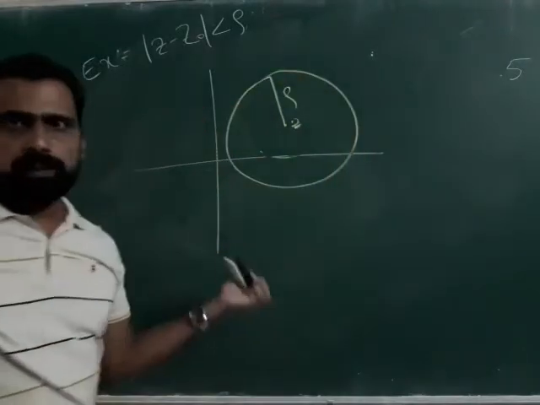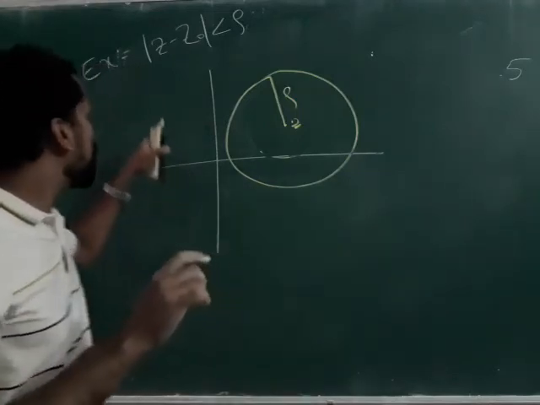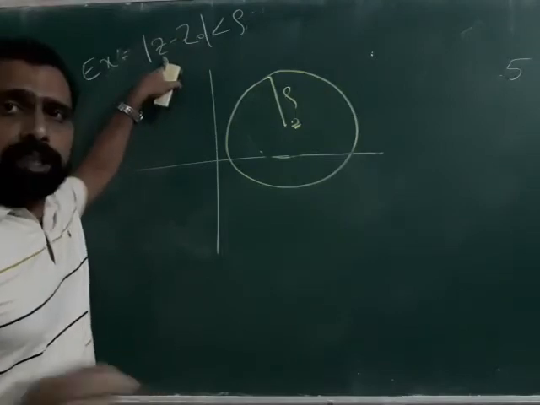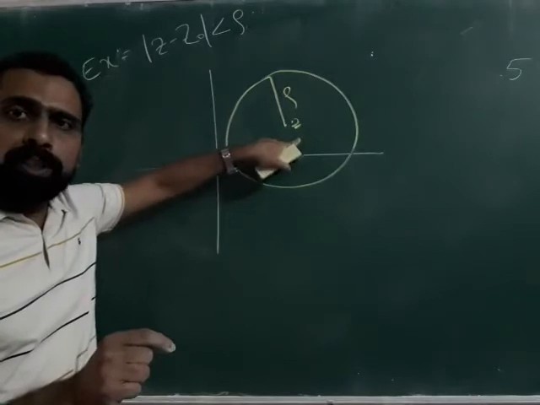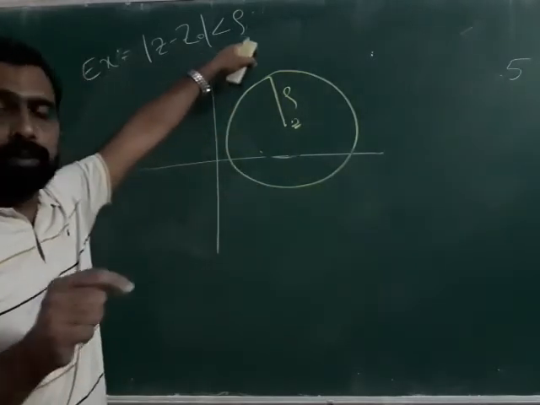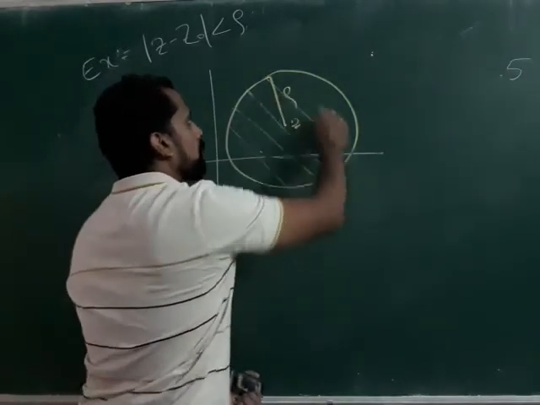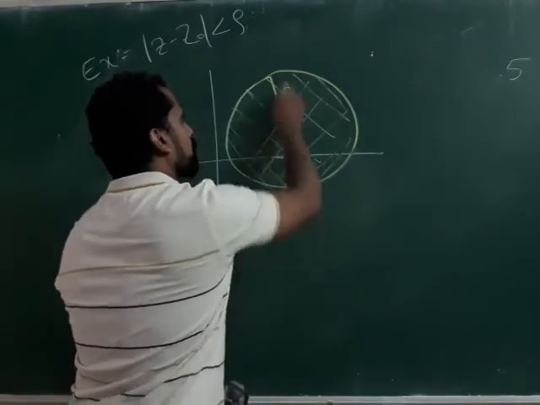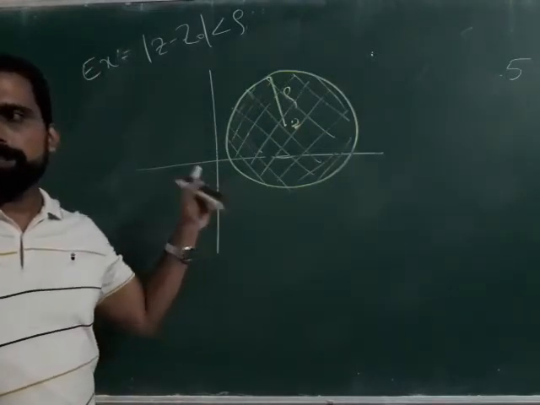Whatever it may be, you have to look at only two things: one is the value of rho, and all the neighborhood surrounding this z where mod z minus z0 is less than rho. So all this. Okay, so this is the situation.